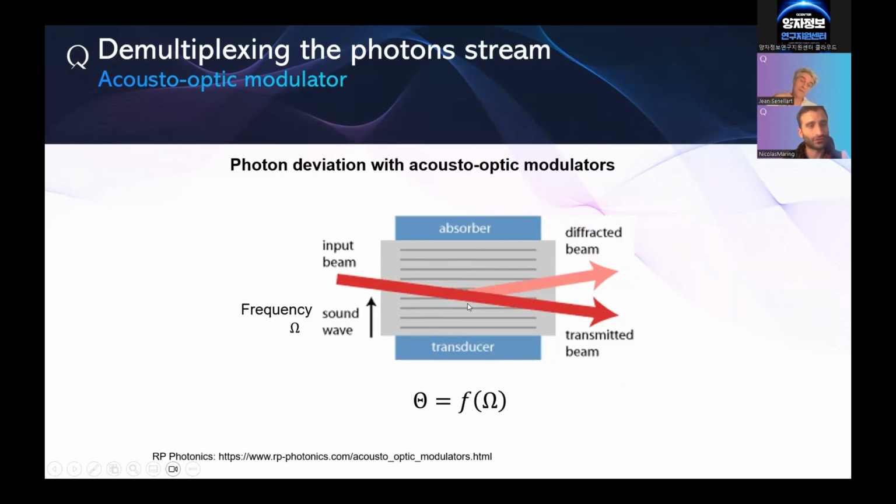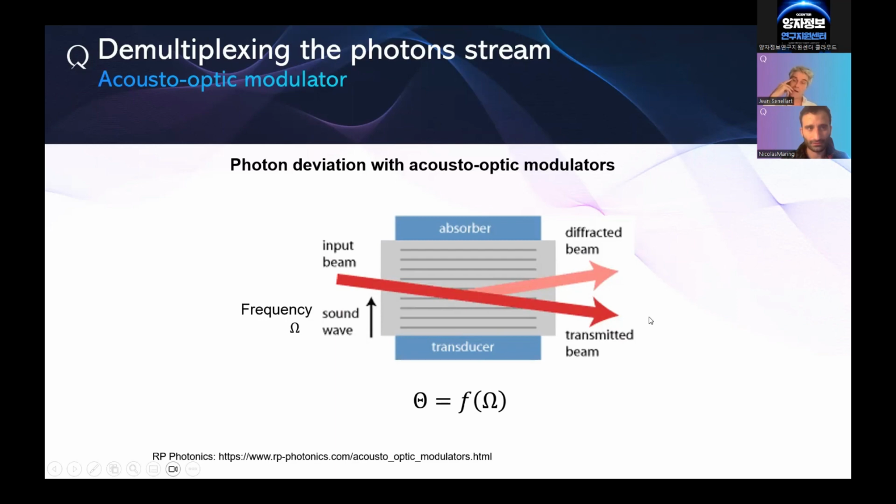So if you change the frequency, the angle of diffraction will be a function of this frequency of the sound wave. And so if you change quickly the frequency of the sound waves, you will basically create different diffraction angles. If you do it quickly enough, you can basically switch between several modes.